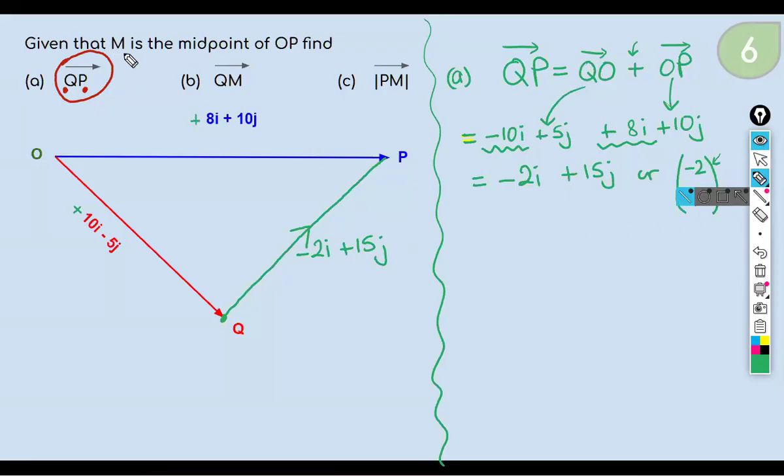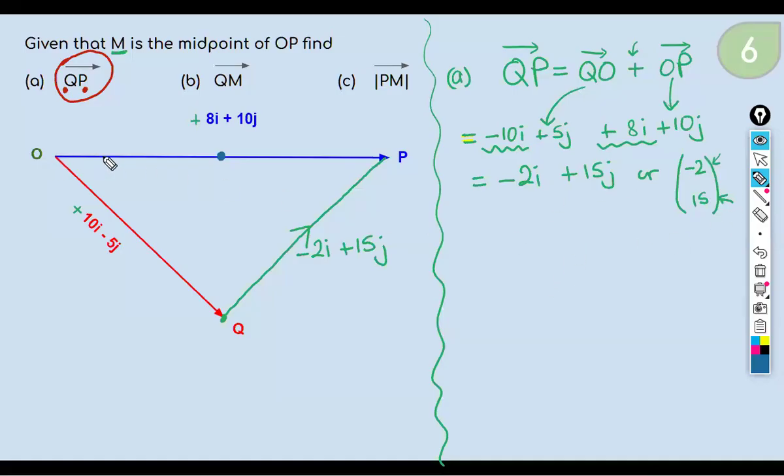Now, they said M is the midpoint of OP. Midpoint just means middle. So M is over here, the middle of OP. Now, I explained last week, whenever you want to find the middle of something or half of something, we just divide it by 2.